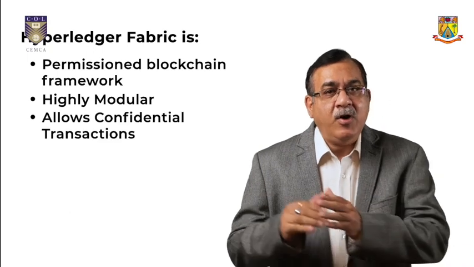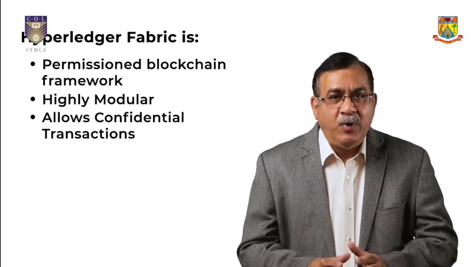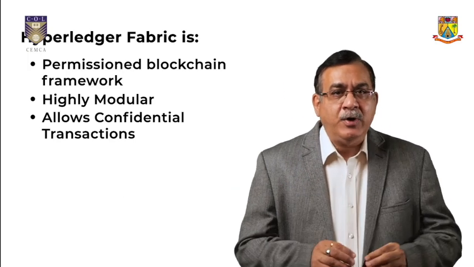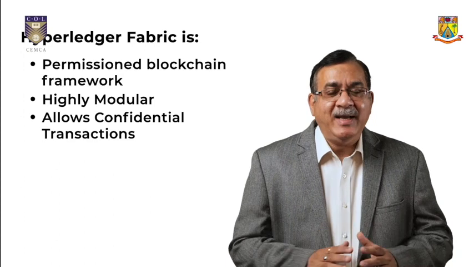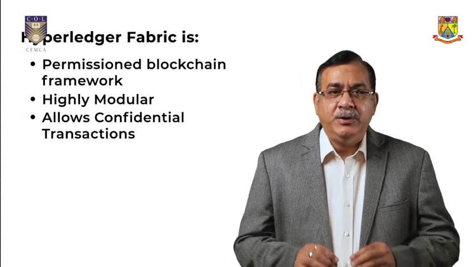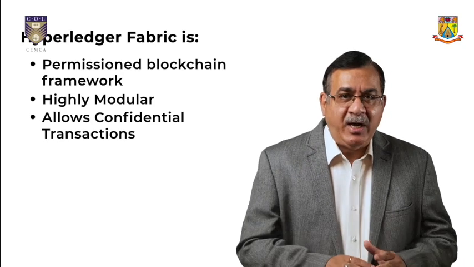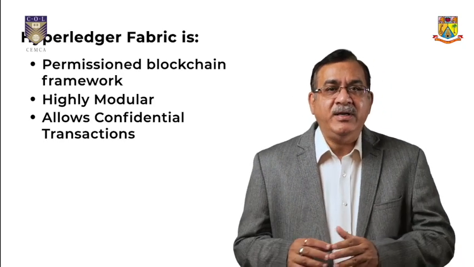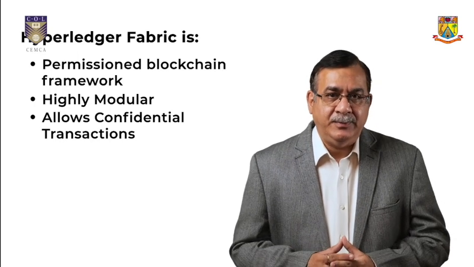It allows for confidential transactions. That means exposing only the data you want to share to the parties you want to share it with. Basically, a flexible approach to data privacy: data isolation using channels, or sharing private data on a need-to-know basis using private data collections.